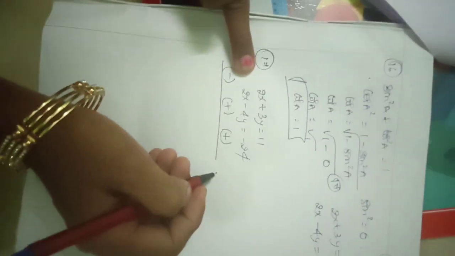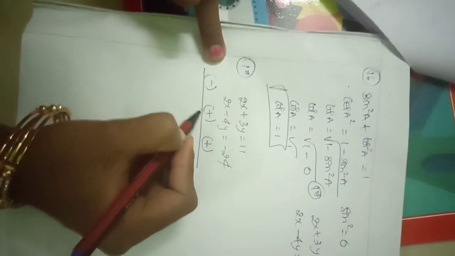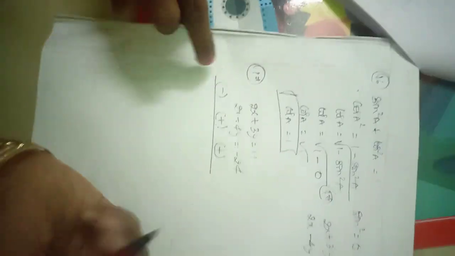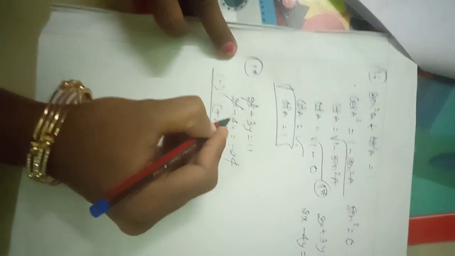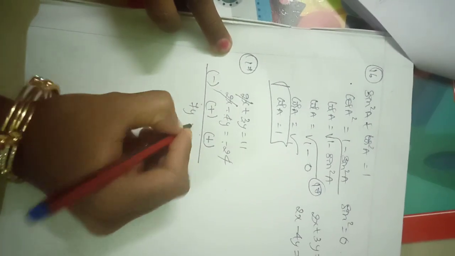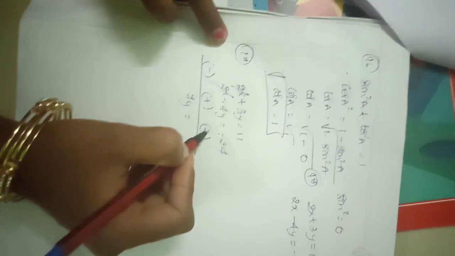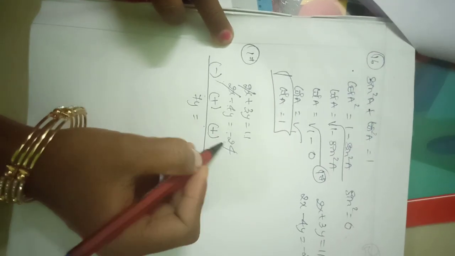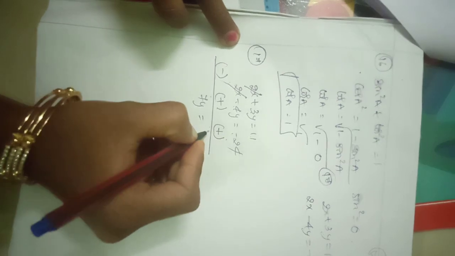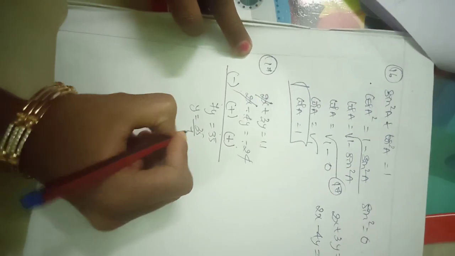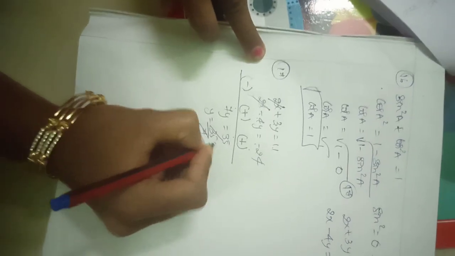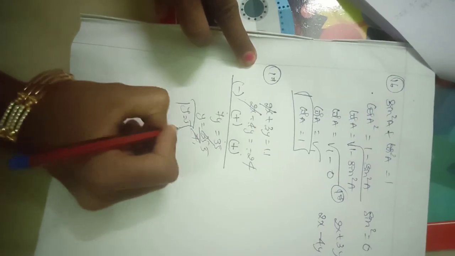When there is a plus, we put minus. When there is a minus, we put plus. Then 2x gets cancelled. Then 3y plus 4y becomes 7y. Then minus 24 becomes plus 24. Then 11 plus 24 is 35. Then y is equal to 35 by 7, so y is equal to 5.